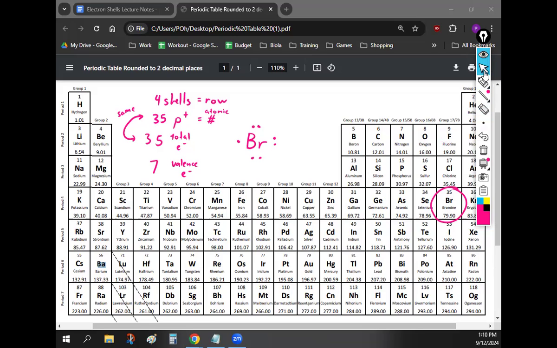All right, any questions? That was just kind of to bring everything together. Valence electrons are the electrons on the outside shell. That's where you count the boxes until you get to that element in that row, because you skip the middle section. So 1, 2, skip, 3, 4, 5, 6, 7.